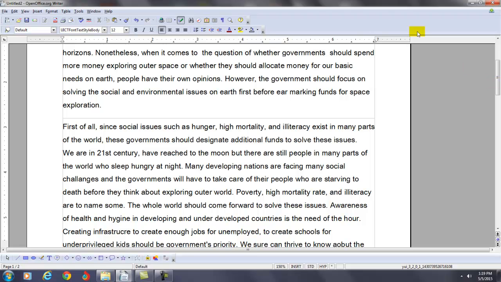Yeah, so I'm going to say that I think in this paragraph you're trying to do too many different things. If you bring up all these specific points, poverty, high mortality, illiteracy, hunger, if you bring up all these different ideas, then you need to develop these different points.